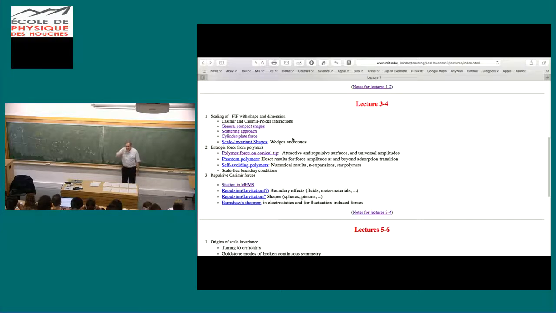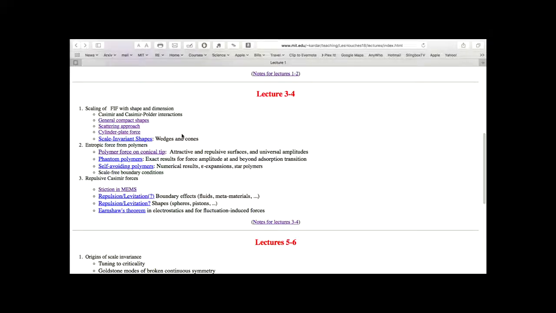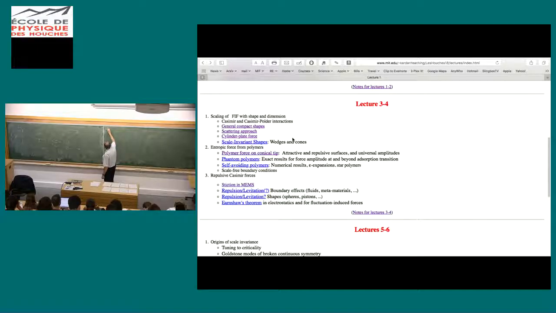But really the key to our difficulty here with dimensional analysis is that we have multiple length scales in the problem. This R has to be compared to L and H, etc. So there is a way to get rid of that and give exact results as far as dimensional analysis is concerned on a set of objects that I will call scale invariant shapes.